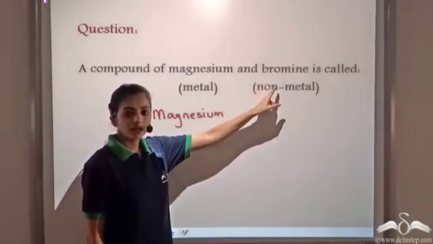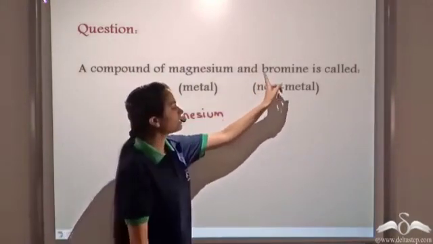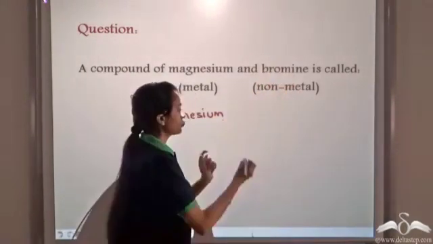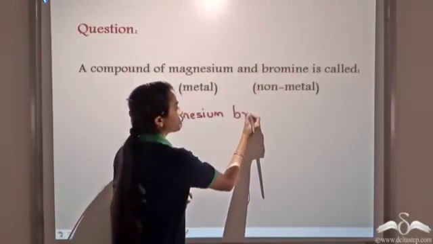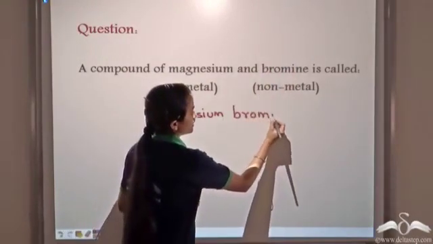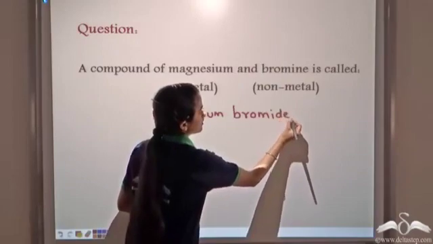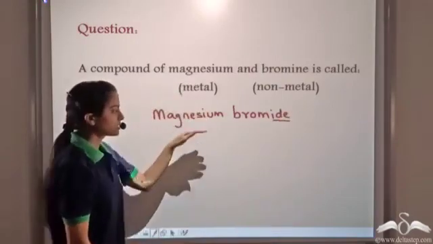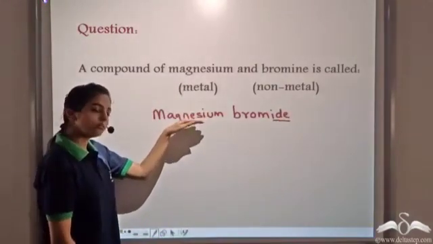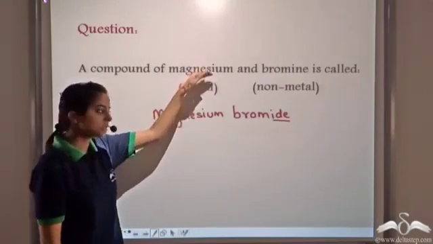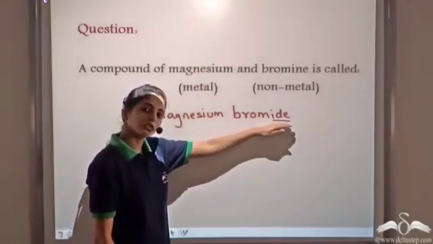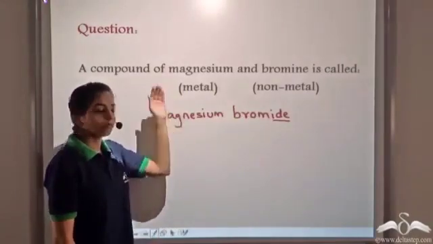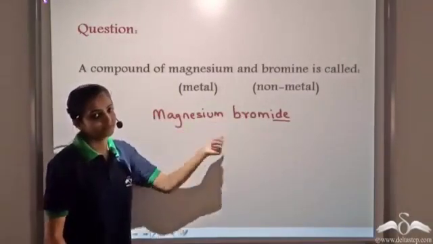The suffix "ide" is added to the non-metal and it is merged with the name. So we get bromide. So the name of this compound is magnesium bromide.